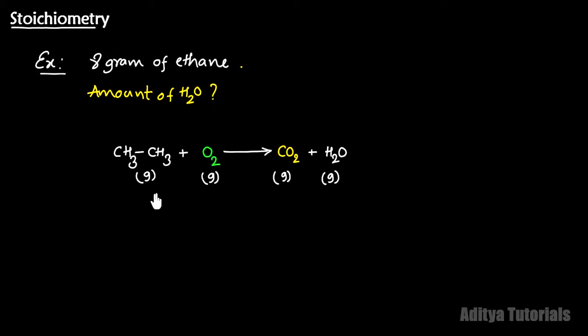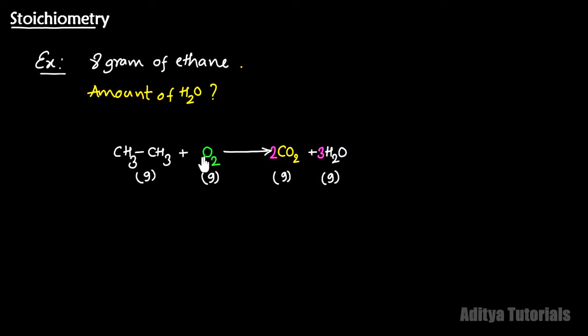Now let's see whether this equation is balanced or not. Here we have 2 carbons, but on this side we have only 1 carbon, and therefore I'm going to multiply carbon dioxide by 2. Let's see the hydrogens. 3 hydrogens over here and 3 hydrogens here, 3 plus 3 is 6, and here we have only 2 hydrogens. To make it 6, I multiply water by 3.